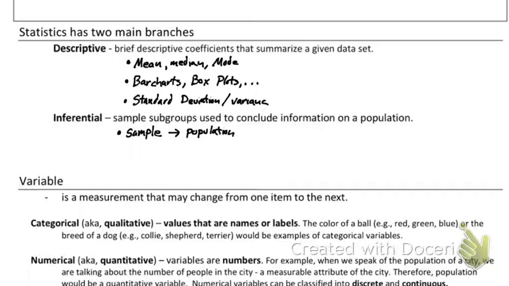It would have small variability. However, if I compared your heights to kindergartners up the hill, there's going to be a lot of variability between you and their heights. There's going to be a vast difference between tall and short. That would have a big standard deviation. So the bigger this number is, the more variability there is.